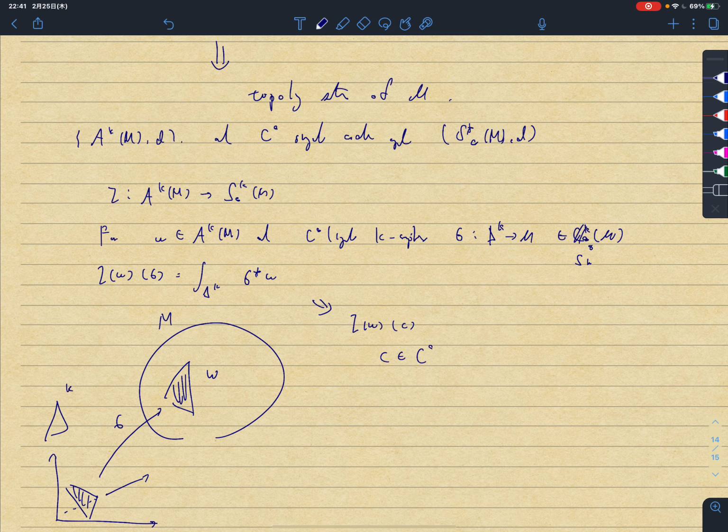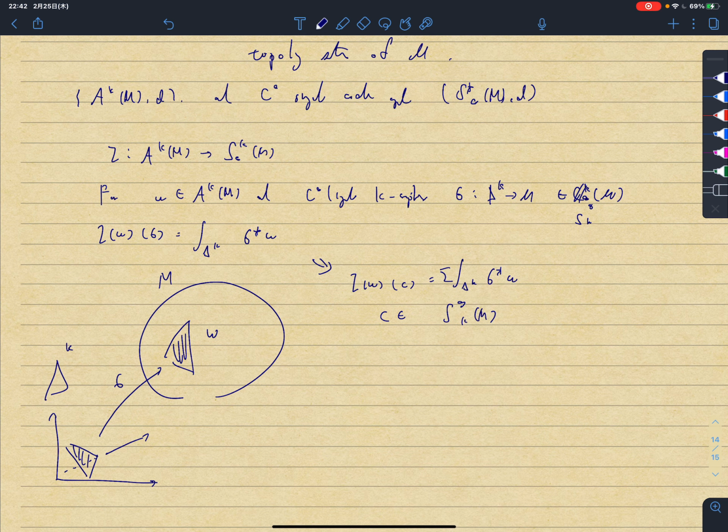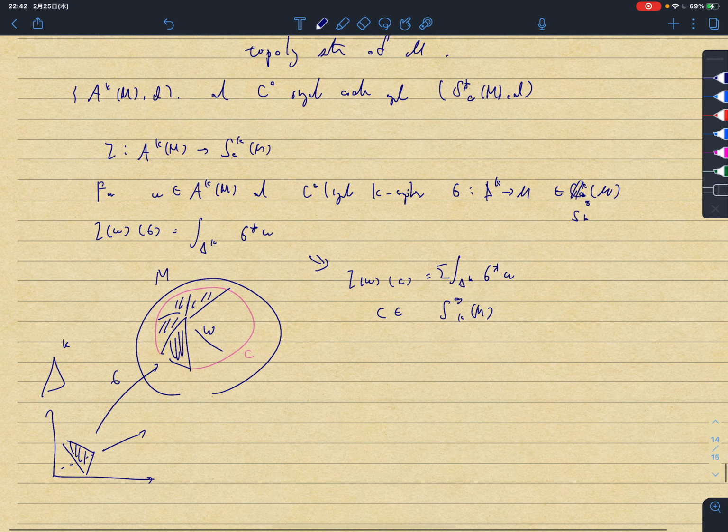Omega on C, in the C infinity singular complex, is a summation over singular k simplices. Many simplices may be used.